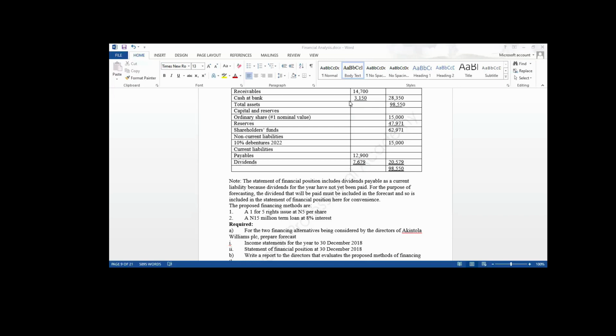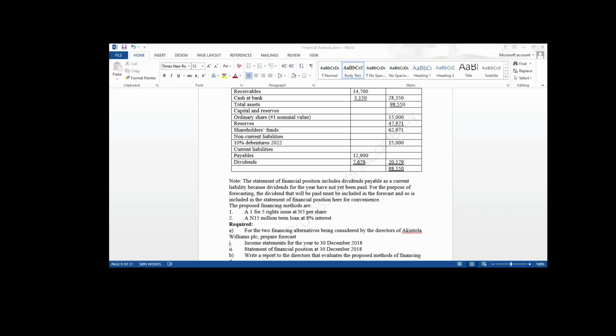The proposed financing methods are one, a 1 for 5 rights issue at 5 naira per share. 2, a 15 million naira term loan at 8% interest.